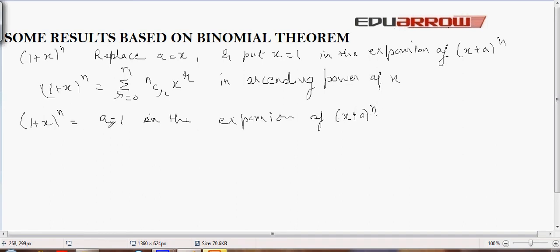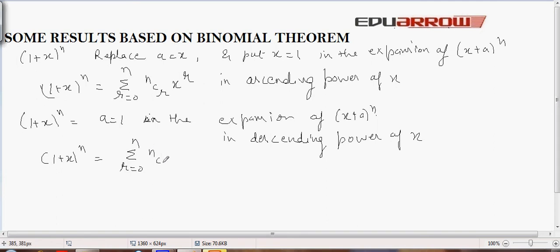So if we put a = 1 in the expansion of (x + a)^n, we get the terms in descending powers of x. In this case, (1 + x)^n will be equal to the summation of r = 0 to n of nCr x^(n − r).